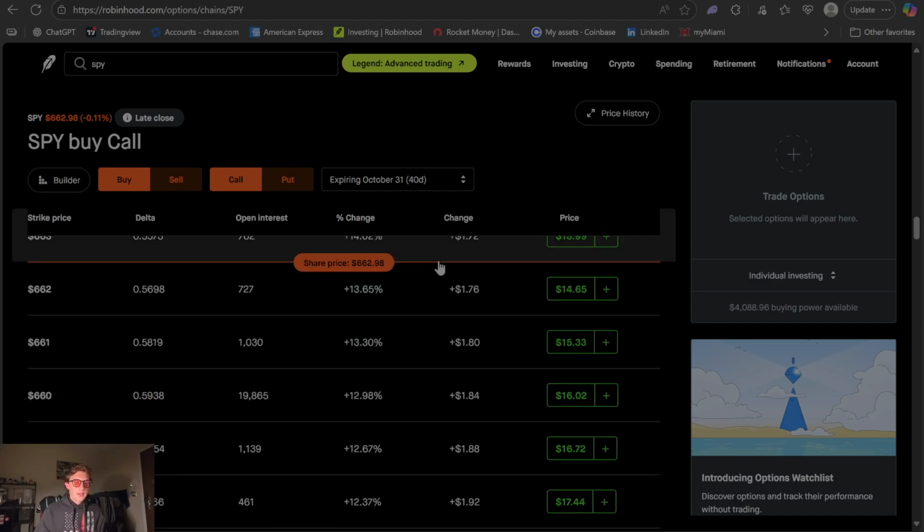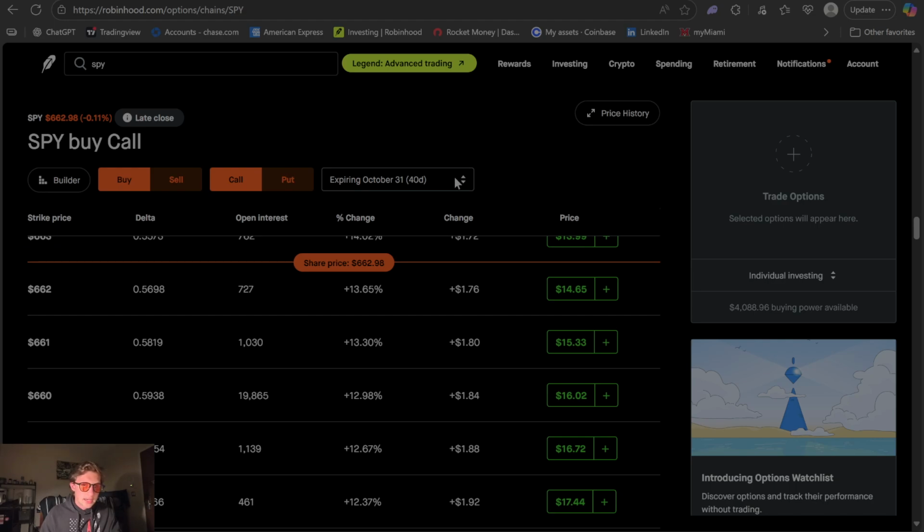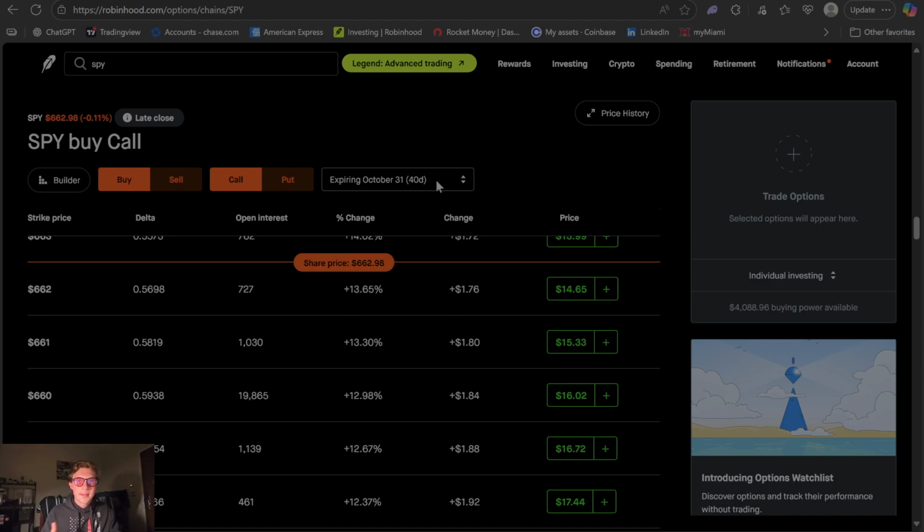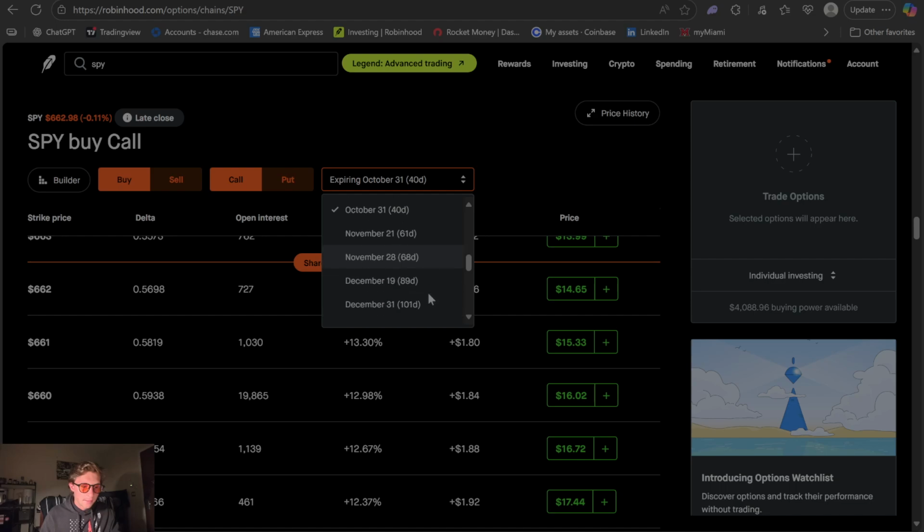So typically you see Vega influence options differently at different times till expiration and different moneyness, right? Factors that decrease Vega are shorter times till expiration, because they have less time to experience that rush or decline in implied volatility.